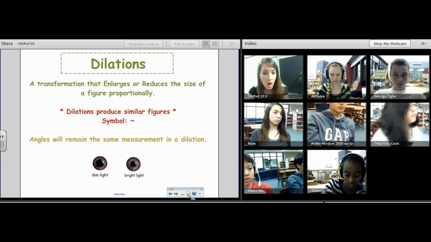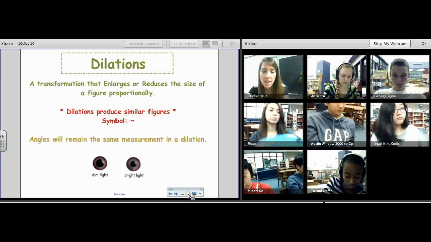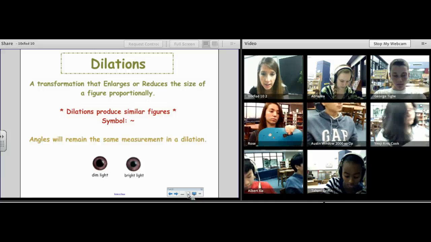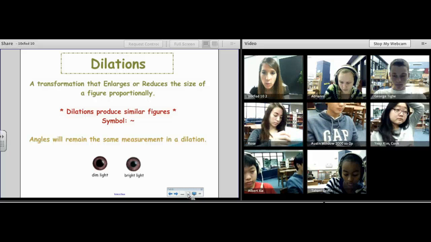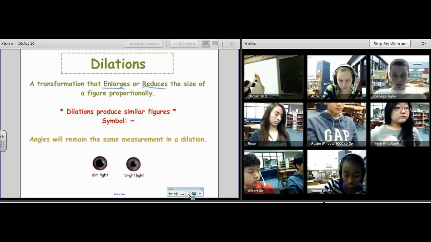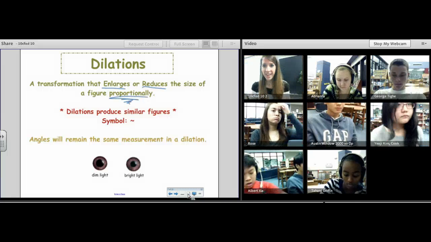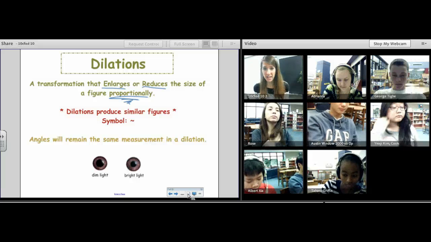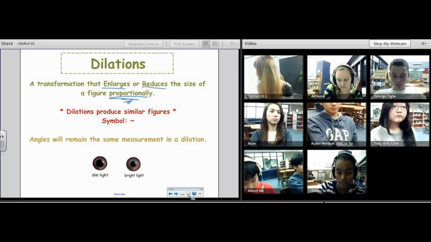This is different. All the other transformations were congruence transformations. This is the only one that is not a congruence transformation. We're going to enlarge or reduce, and it's definitely going to be proportional to the original. And we'll dive much, much deeper into this after the winter break.